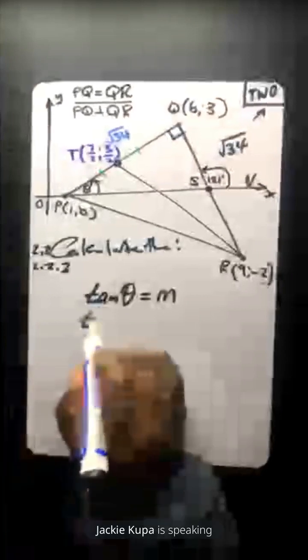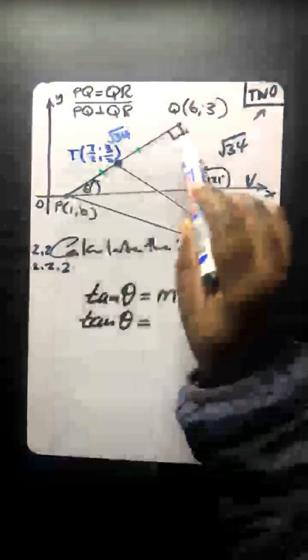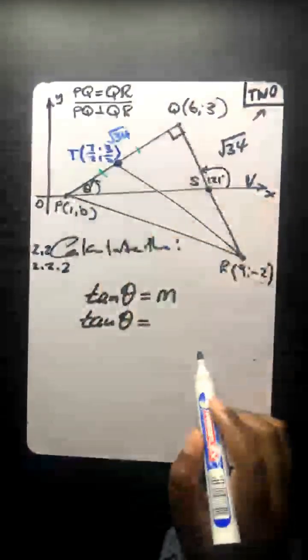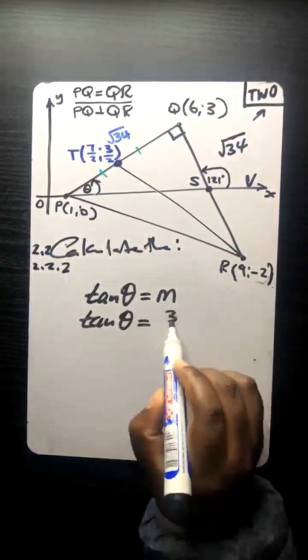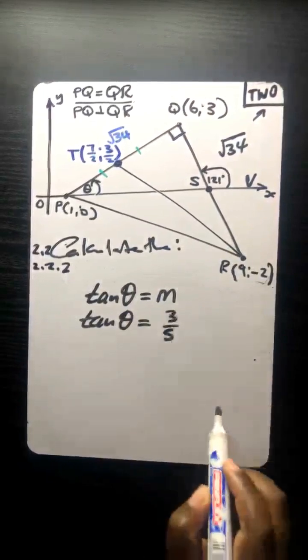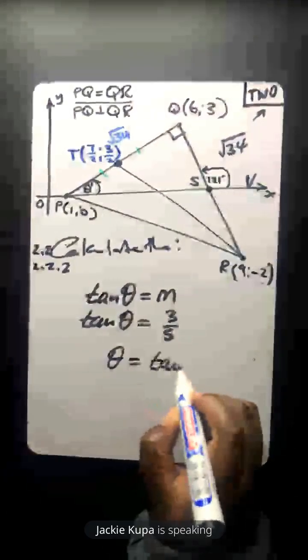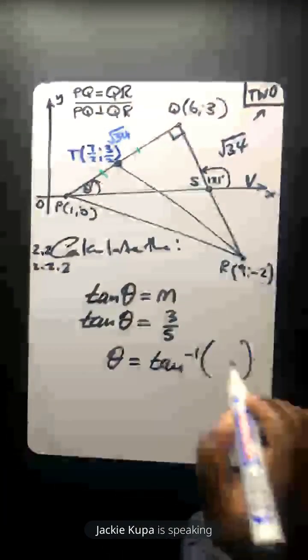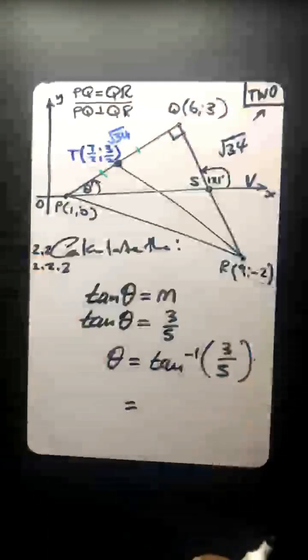I don't know if it's correct. Did we calculate the gradient of that line? If we did, what was it? 3/5. Okay. So that means you're going to find the inverse tan of that. Okay. I think you are onto something, honorable member. Then what answer are you getting as that angle there?